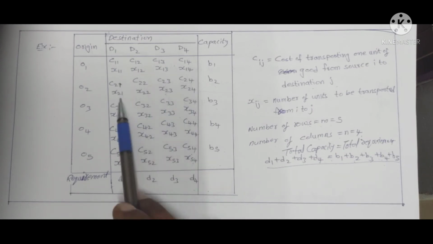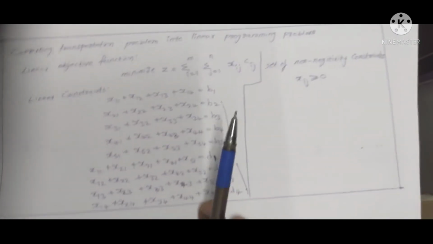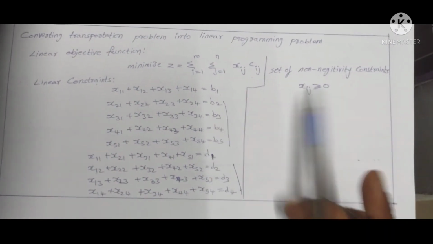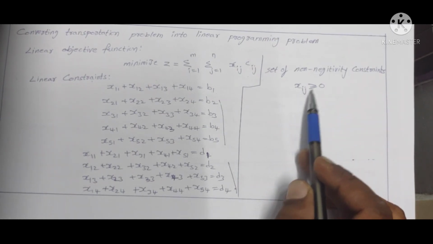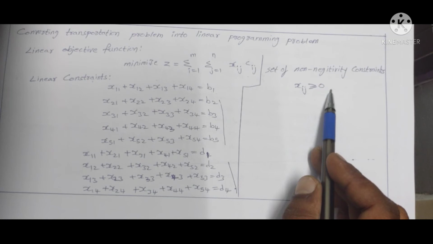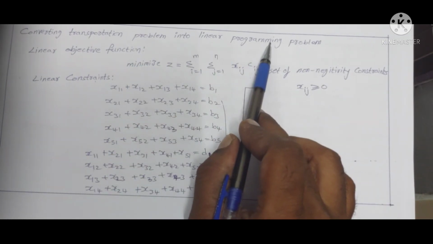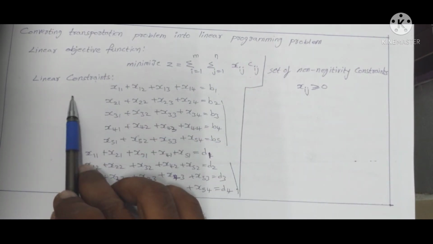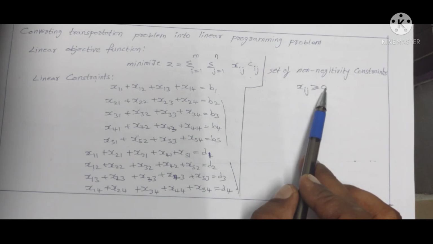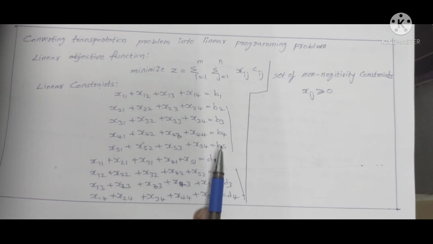These are the variables we can take, X11, X12, and these should be greater than or equal to 0. So that is taken as the set of non-negativity constraints, Xij greater than or equal to 0. Like this, we can convert a transportation problem into a linear programming problem by getting the linear objective function, the linear constraints and the set of non-negativity constraints. Okay? So we have prepared a linear programming problem by using this table.